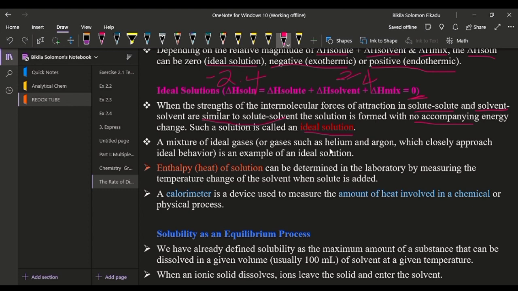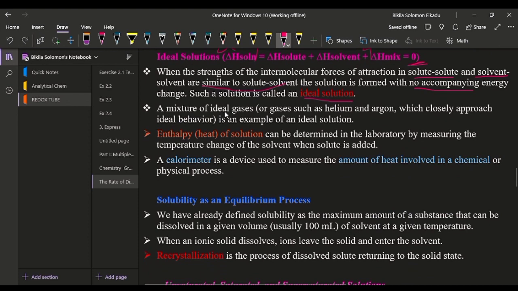So a mixture of ideal gases or gases such as helium and argon, which closely approach ideal behavior, is an example of ideal solution. So, example ideal solution warreen ta'an warreen akka helium fi argon fa gaasiin warreen kun examples of ideal solution jechuudha. So, the other one is enthalpy or heat of solution.